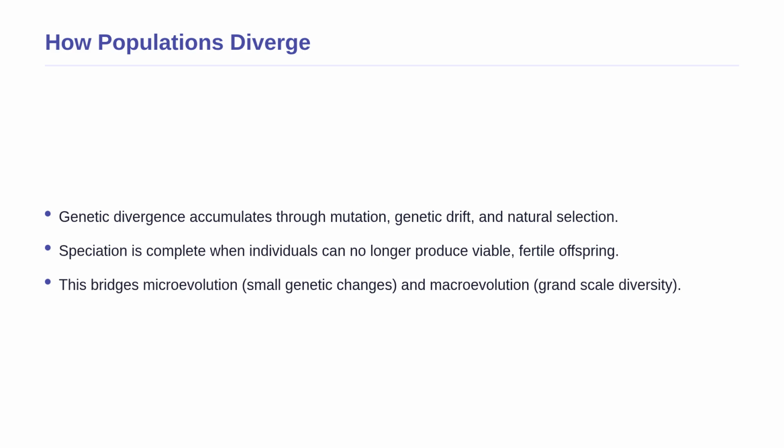Once these genetic differences become so significant that individuals from the two populations can no longer produce viable, fertile offspring together, speciation is considered complete. This beautiful process bridges the gap between microevolution, which involves small genetic changes within a population, and macroevolution, which is the grand scale of life's diversity over millions of years.